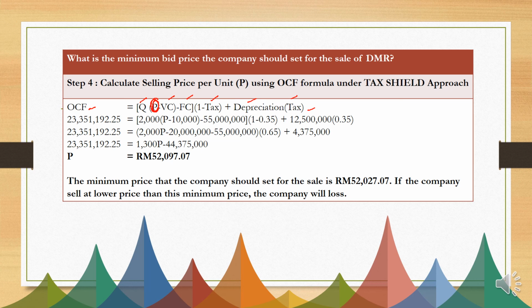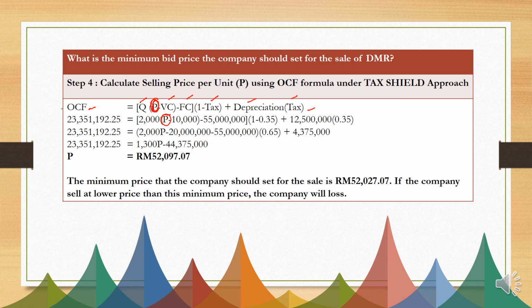So based on the information, OCF is 23,351,192.25 equals Q, which is 2000 given, times P minus VC 10,000 minus FC 55 million, times 1 minus tax rate, plus depreciation value 12.5 million times the tax rate 0.35.